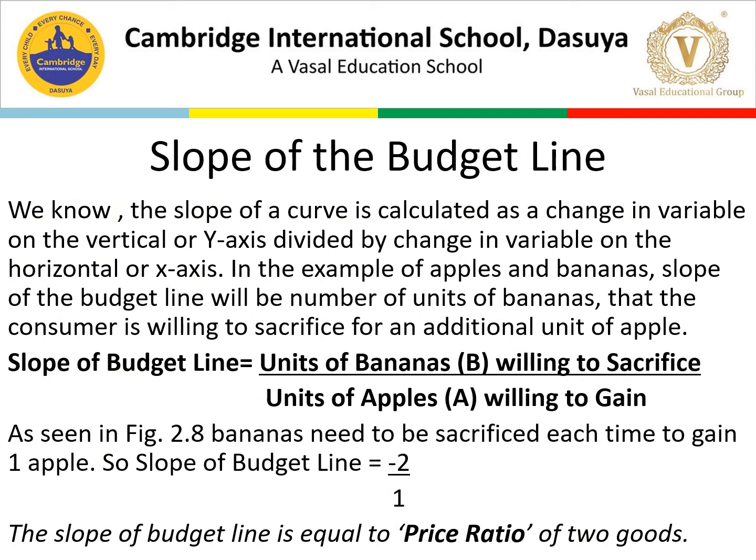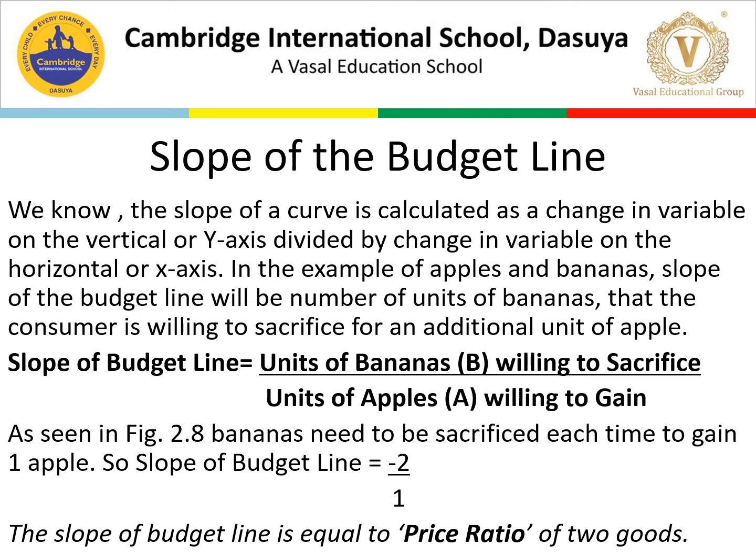Next, let's move on to the slope of the budget line, how we will find it. We know the slope of a curve is calculated as the change in the variable on the vertical or y-axis divided by the change in the variable on the horizontal or x-axis. In the example of apples and bananas, the slope of the budget line will be the number of units of bananas that the consumer is willing to sacrifice for an additional unit of apple.